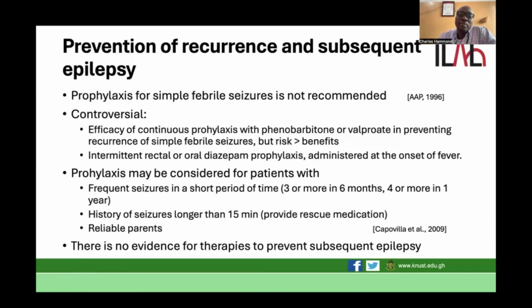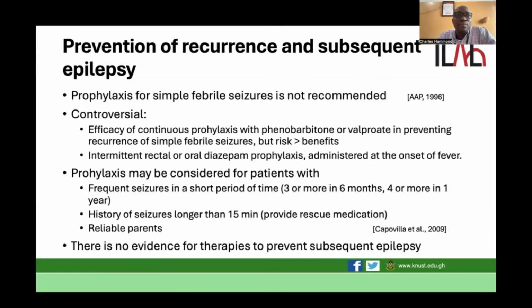So what do we tell them when they bring out the issue of preventing recurrence and subsequent epilepsies? So first, the AAP does not recommend prophylaxis for simple febrile seizures. And again, the use of continuous prophylaxis such as phenobarbital or valproate in preventing recurrence of simple febrile seizures is controversial, especially because the risks far outweigh the benefits.